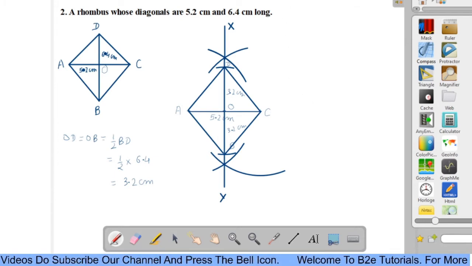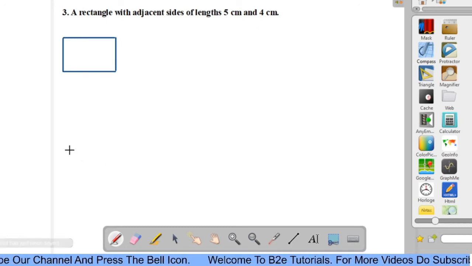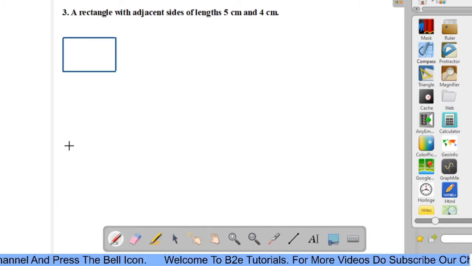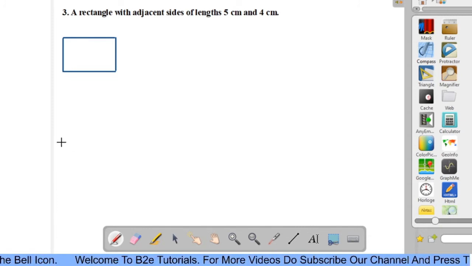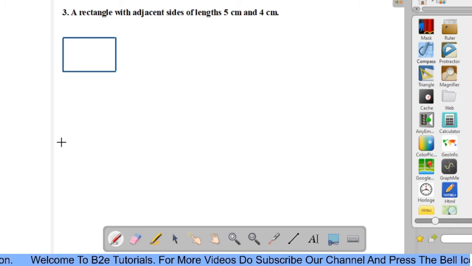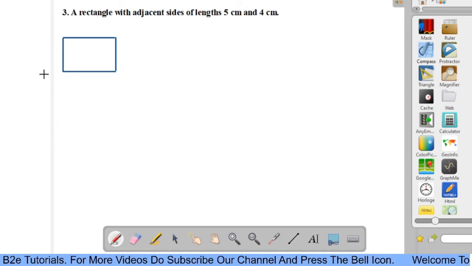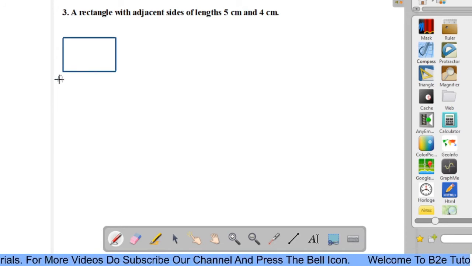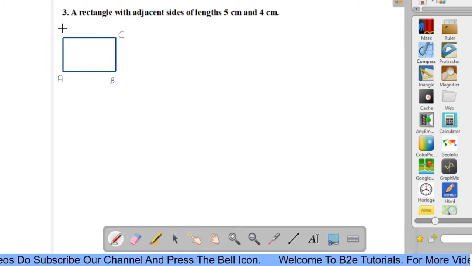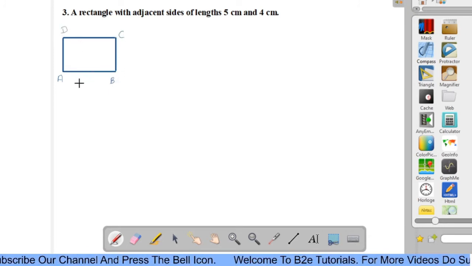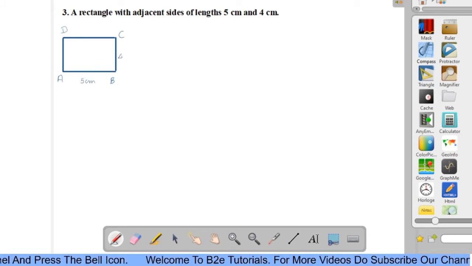Now come to next. Question number 3. A rectangle with adjacent sides of length 5 centimeter and 4 centimeter. So let us draw a rough sketch of this rectangle. Let us name it as A, B, C and D. AB equal to 5 centimeter, BC equal to 4 centimeter.